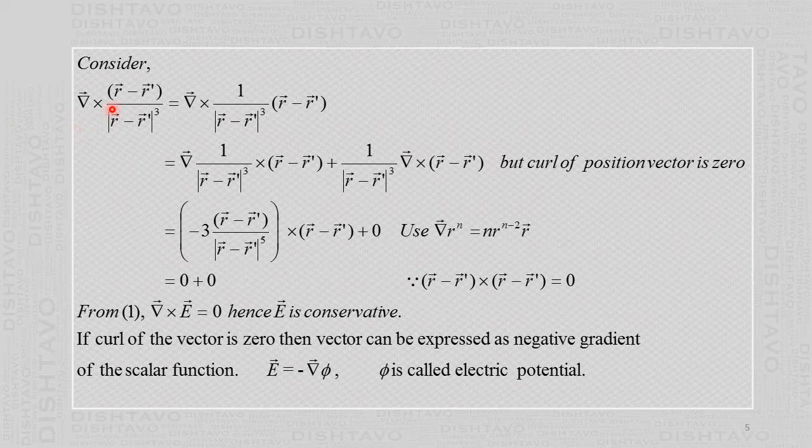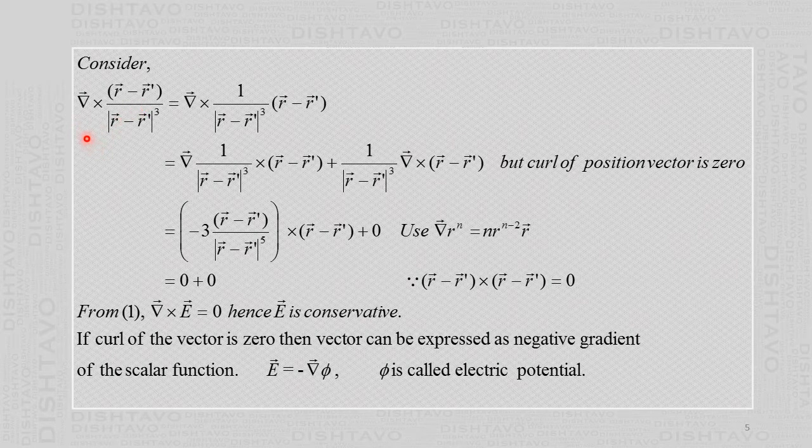Del cross vector r minus vector r dash divided by modulus of vector r minus vector r dash whole cube. Now this term appears in the integrand of both the terms for del cross E. Now this del will depend upon vector r dash.